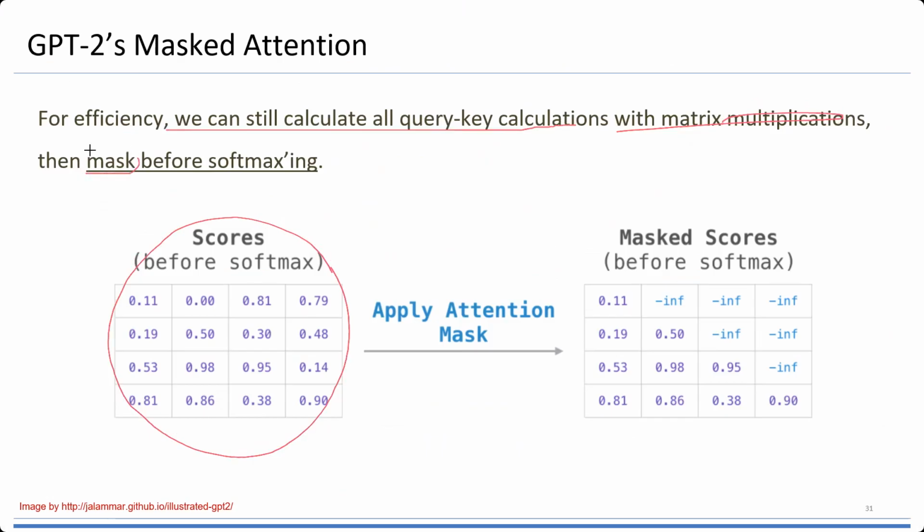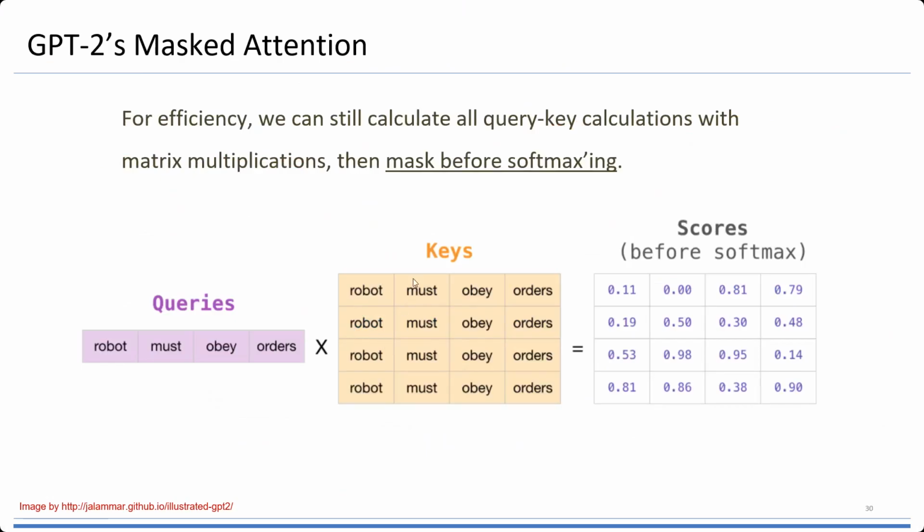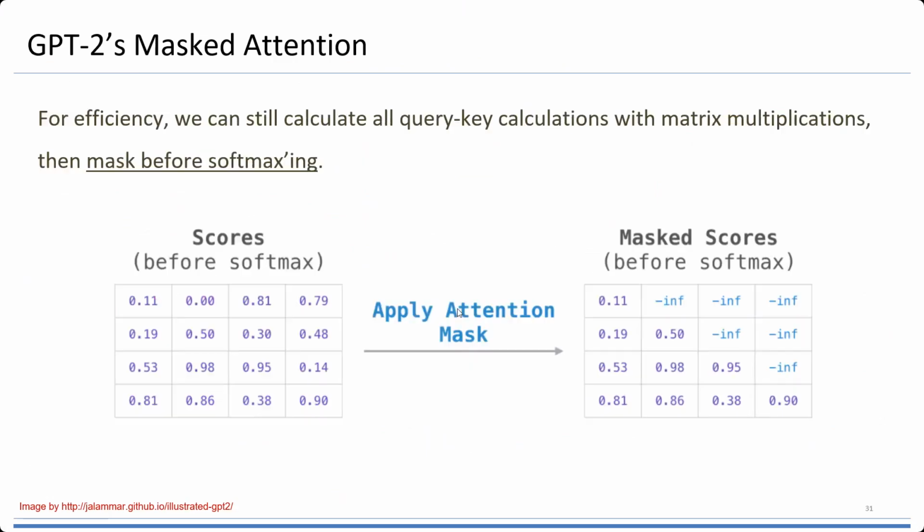Then we want to hide some of the possible positions before the softmax. These scores represent words such as: robot must obey order. Then we want to do masking. We want to mask the scores.